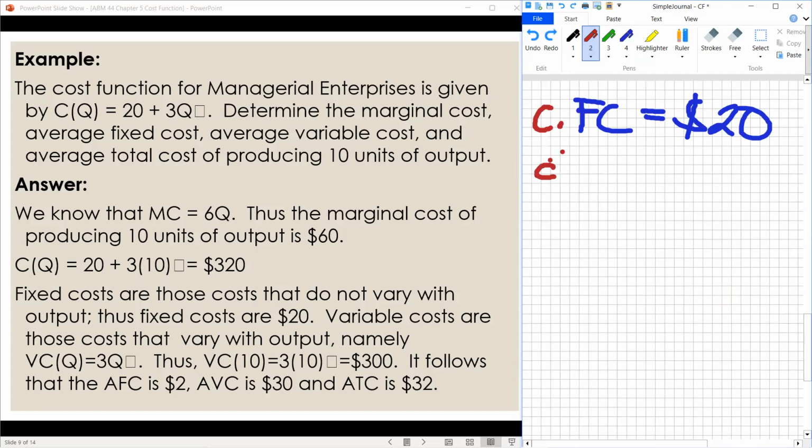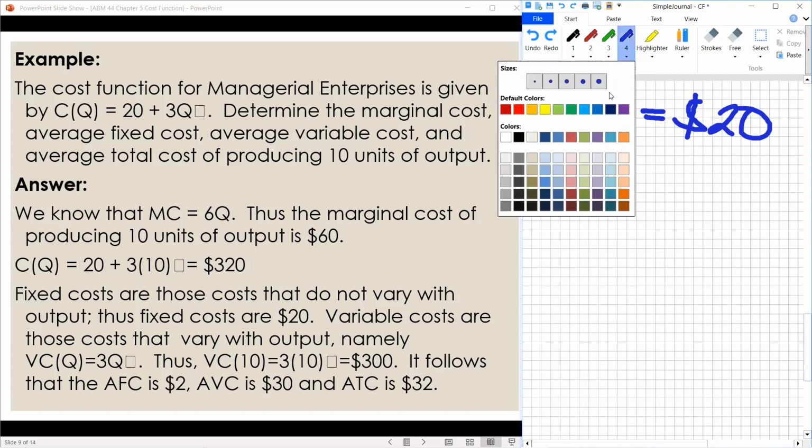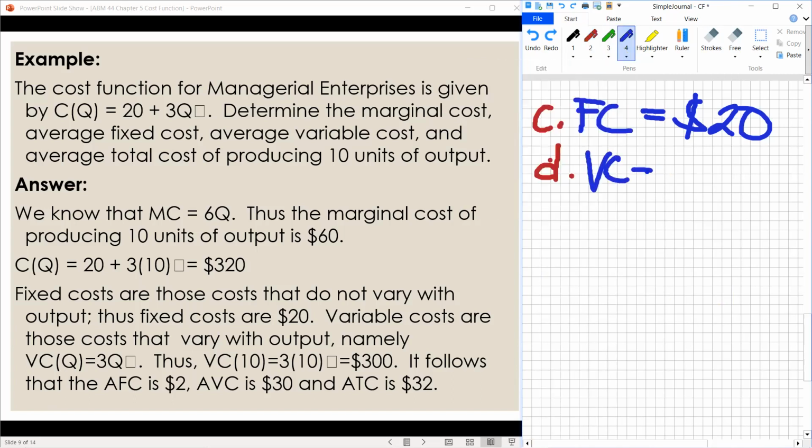So this would be letter D. We need to look for VC. So that would be, okay, VC of quantity is equal to 3Q. Given, as you can see, this is the automatic variable cost.